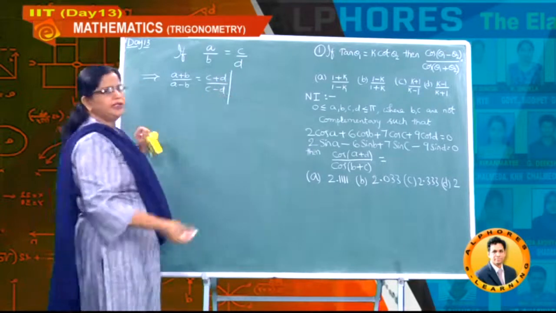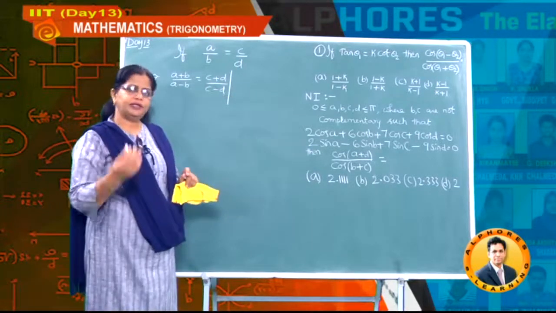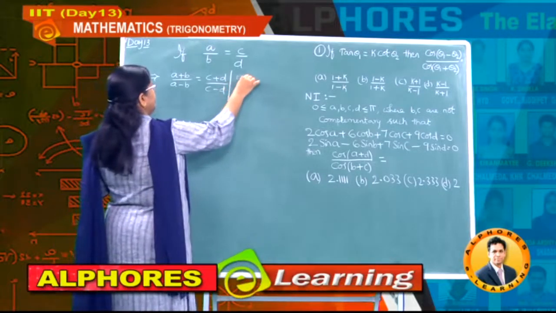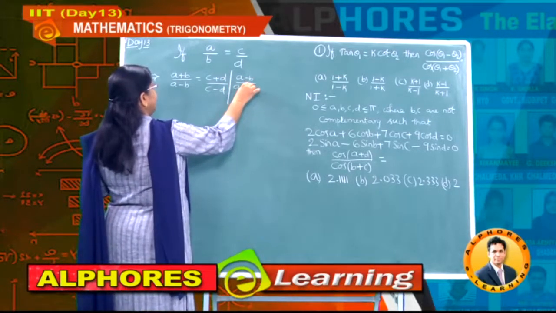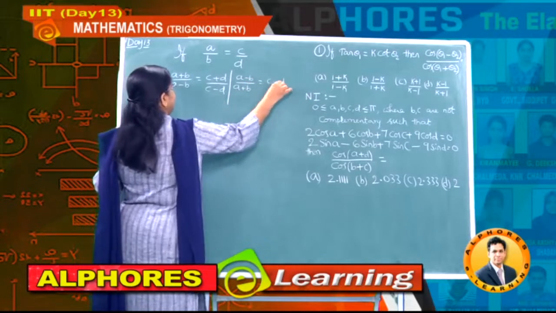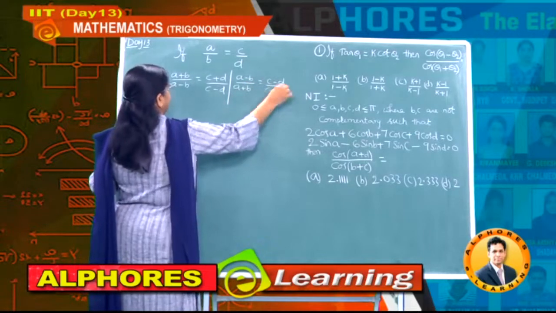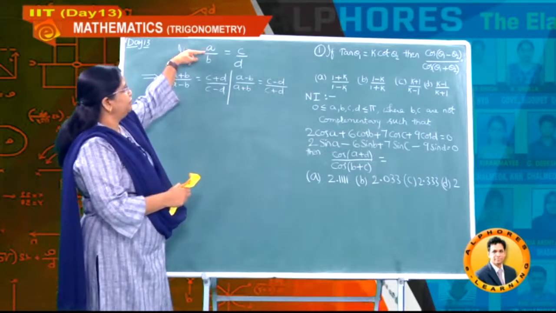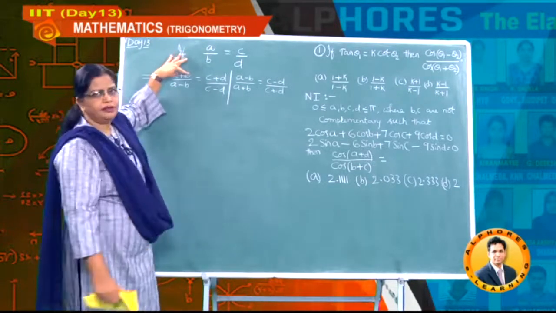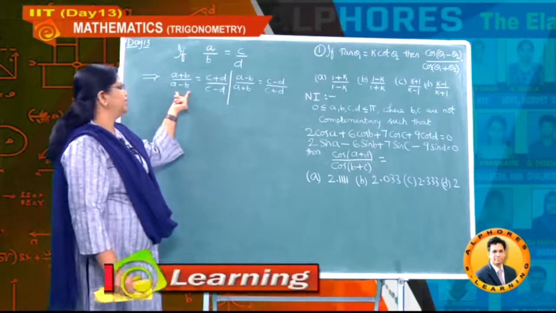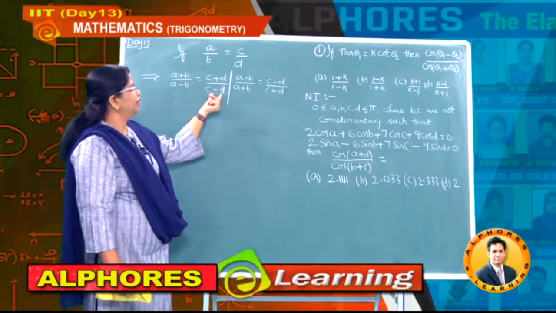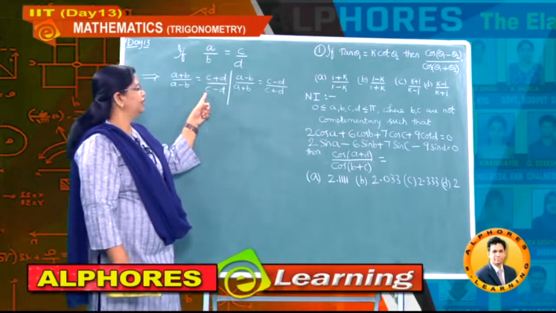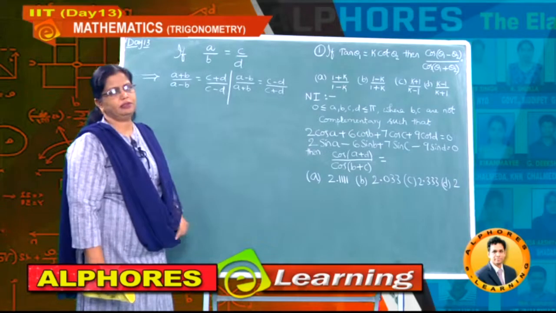Or you can use just the reciprocals. The reciprocals also you can use, and thereby it is a minus b divided by a plus b, same as c minus d divided by c plus d. So how are you writing it? Numerator plus denominator divided by numerator minus denominator equals, here also, numerator plus denominator divided by numerator minus denominator.